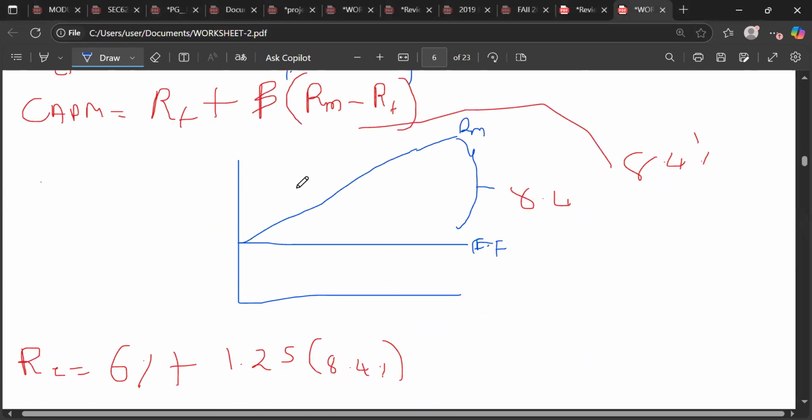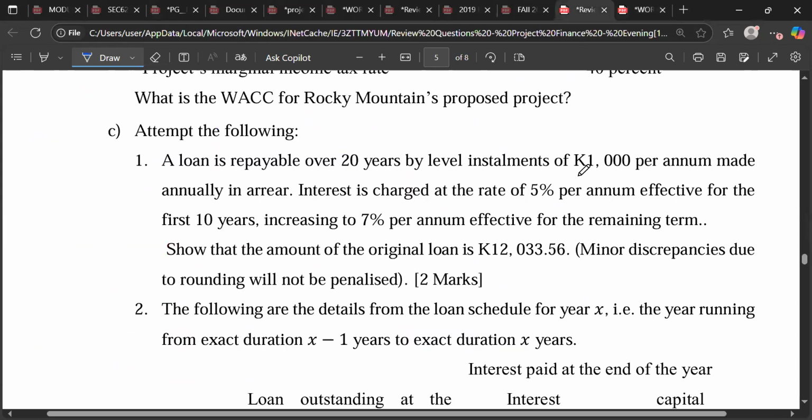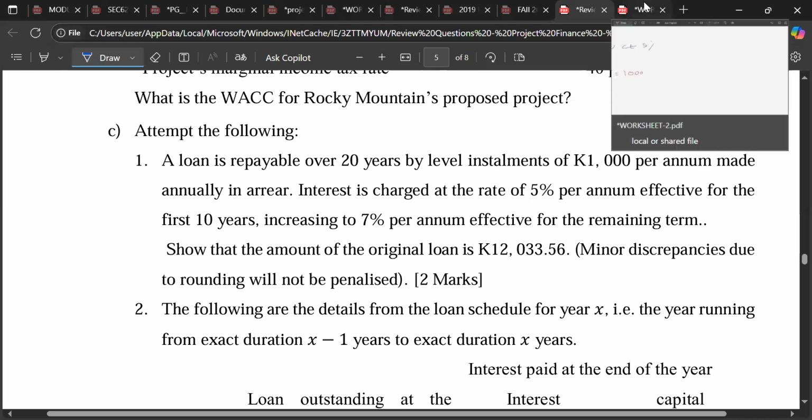The present value of the loan will be with the payment of 1,000 kwacha annual payment. These are level installments, periodic payments equal in amount for a particular duration. That's what you refer to as annuities.